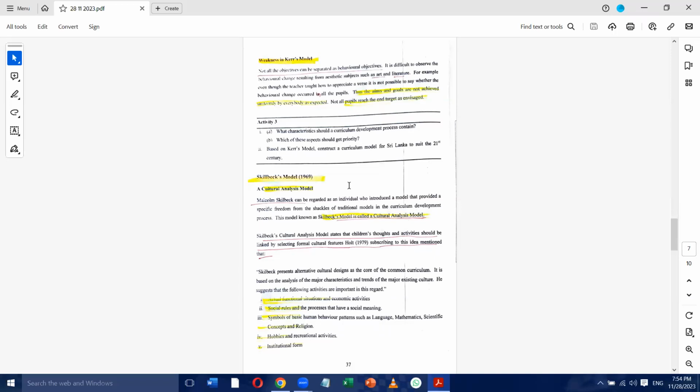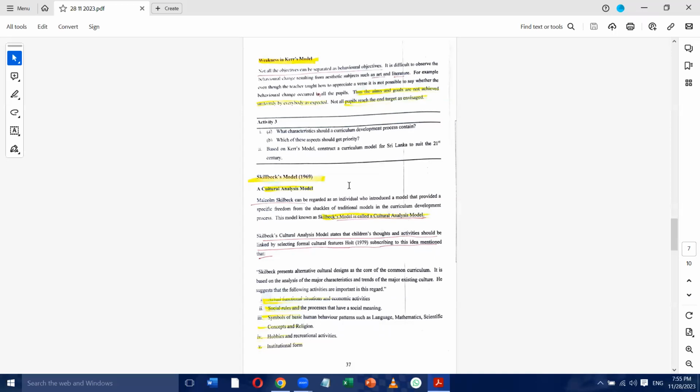Right? Okay. So in the curricular development process, this model known as Skillbeck's model is called a cultural analysis model. So he has taken into consideration the culture at the time where he lived. Cultures differ from place to place and from one ethnicity to another. You know that even within a country we have different cultures.